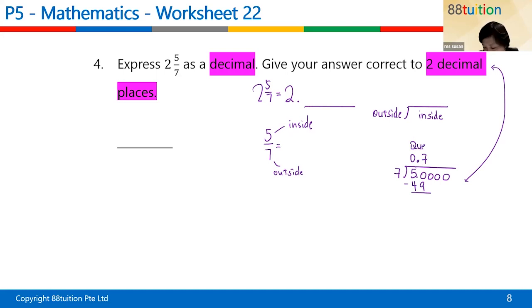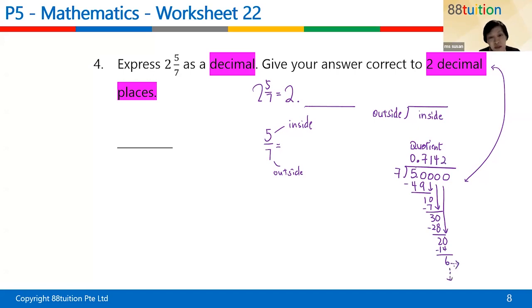Okay, this is called the quotient. The quotient you can put decimal. Inside don't. So 1, bring down 0. 1 times 7, then you get a 3. Bring down 0. 4 times this, 28. Bring down 0. So this is 2 times 7, 14. Okay, and this one will go on, go on, go on.